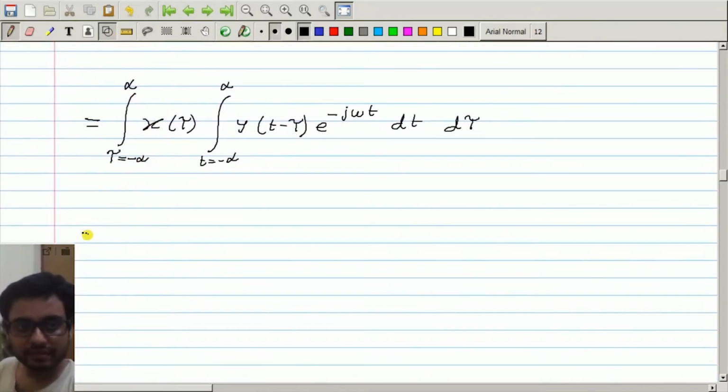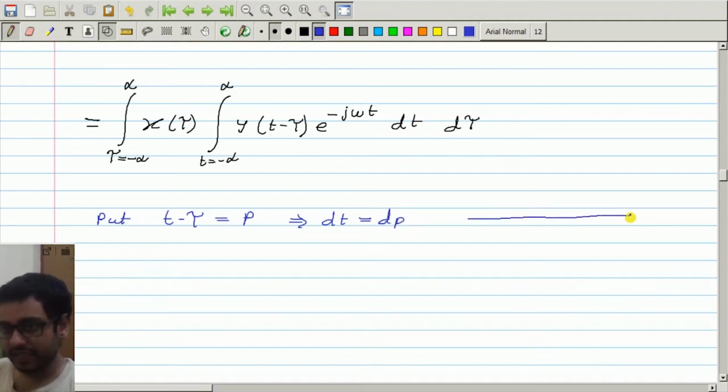Then I will apply a substitution. I will put this t minus tau equal to say p. So which implies that dt is equal to dp, and the limit of the inner integration, which was t equal to minus infinity to plus infinity, will become p equal to minus infinity to plus infinity.